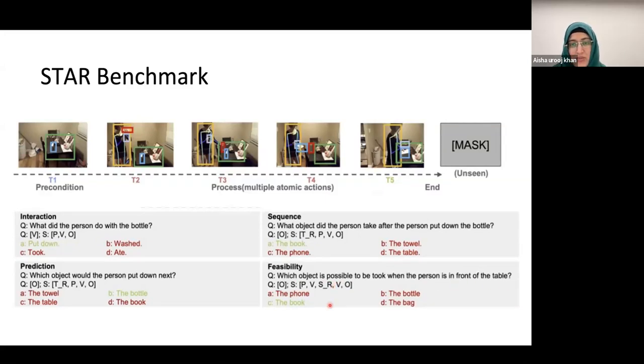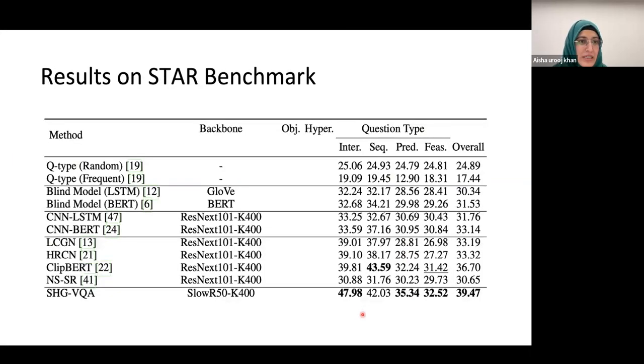And then you are shown some objects, and given the situation, we have to see which action is most feasible. For instance, if there is an elephant in front of this person, and the question was which object is possible to take, and there was a choice with an elephant, we know that a person can never pick up an elephant. So this is based on feasibility.